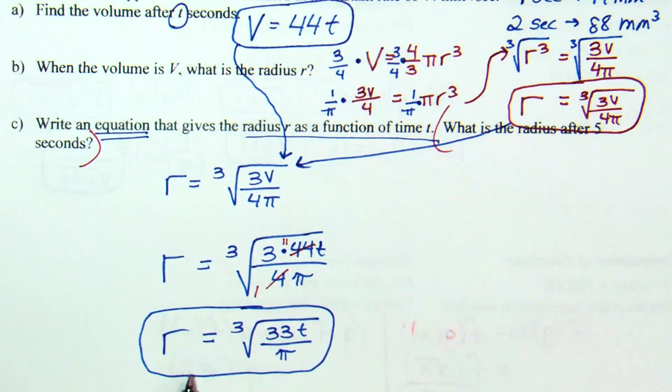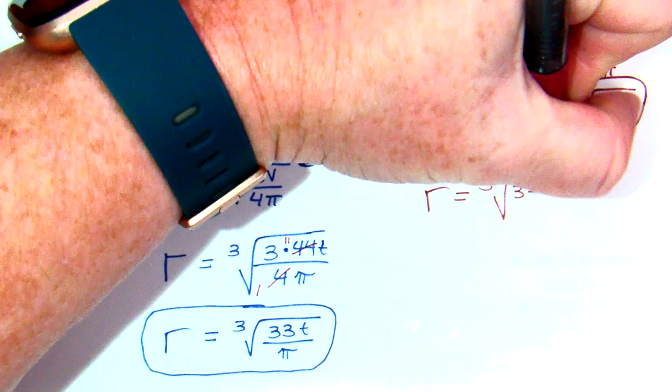Well, what do we have here? A radius formula in terms of t. So, r is the cube root of 33 times 5 divided by pi. And this is a good, how well do you know to use your calculator?